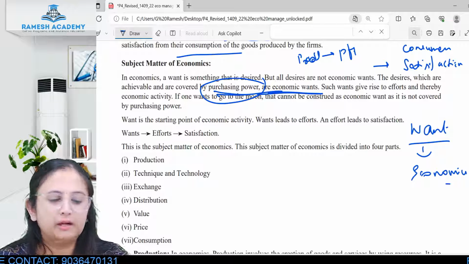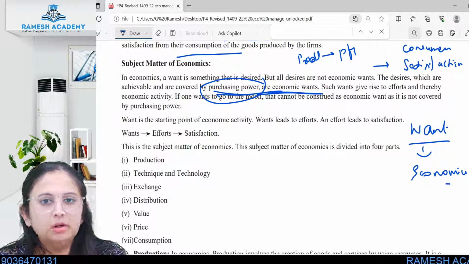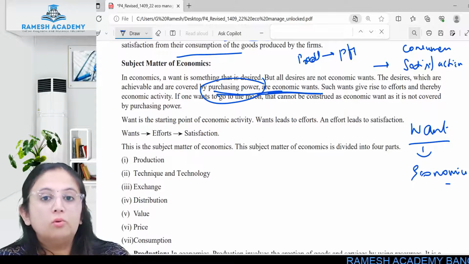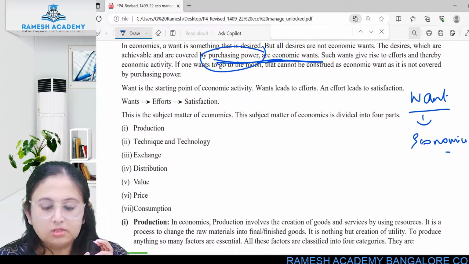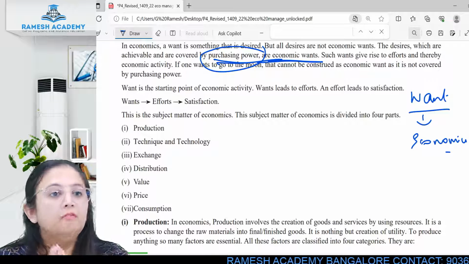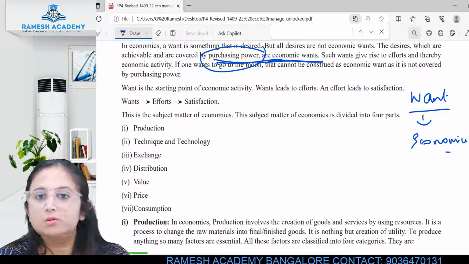If you want to buy a car or a house, you can buy. If you want to buy a phone and you are earning that much income, definitely you can buy. But if you want to go to the moon, which is not achievable for everybody, correct? Something which cannot be achieved will not be considered a want in economics. Economics will not recognize those kinds of wants.